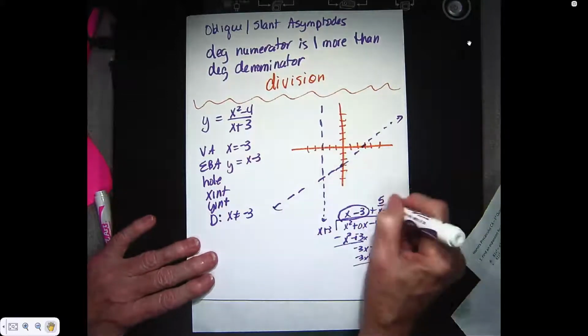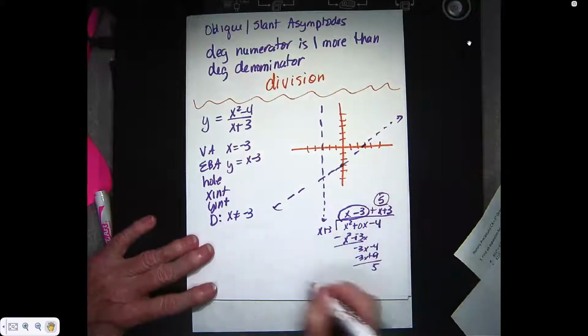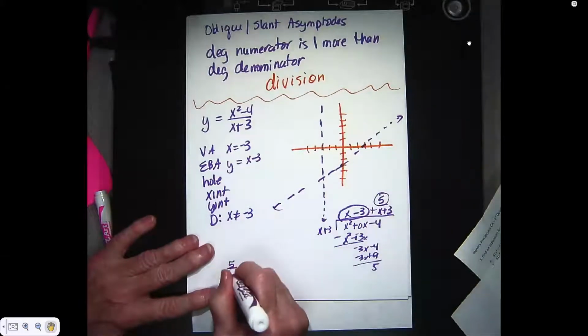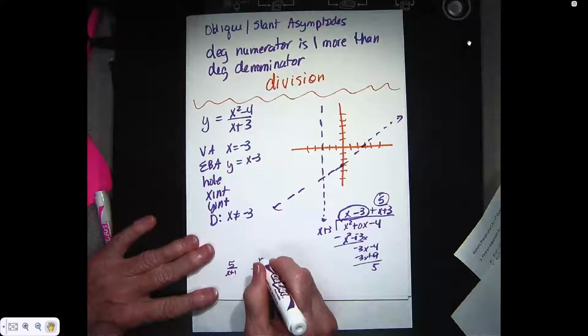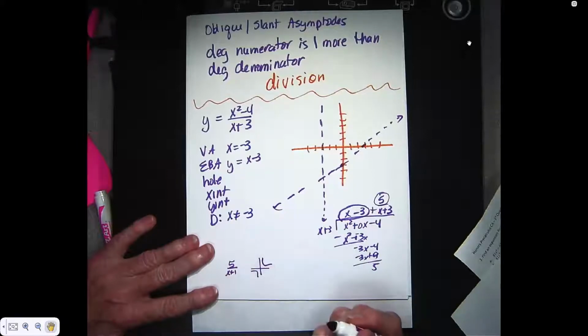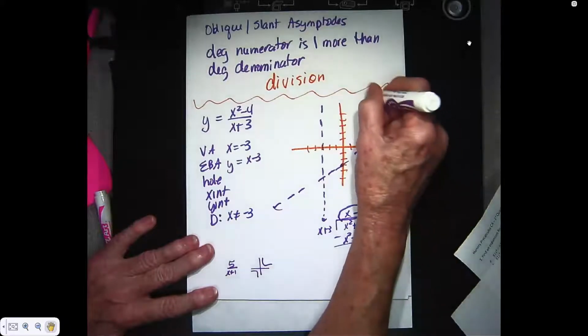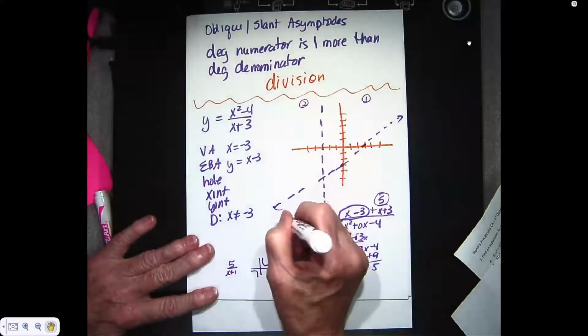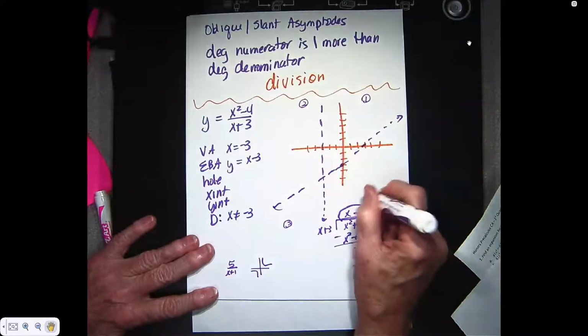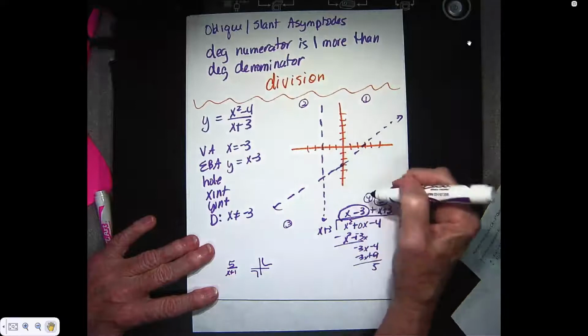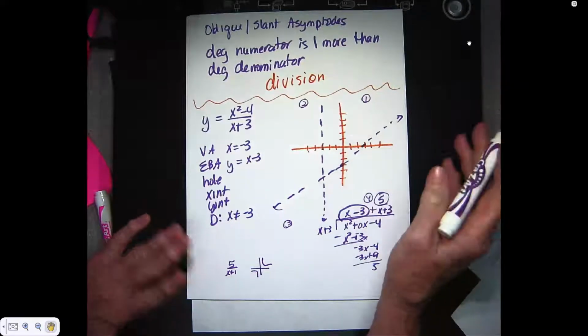All right, the 5 will tell me something. I know that if I were to have 5 over x plus 3, that would graph in quadrants 1 and 3. So, slanted, this is quadrant 1, quadrant 2, quadrant 3, quadrant 4. This is not really something you need to know, but it's kind of handy to have that little bit of information.